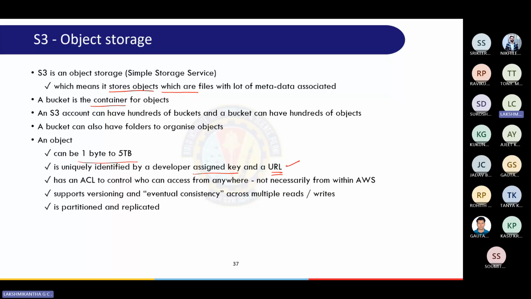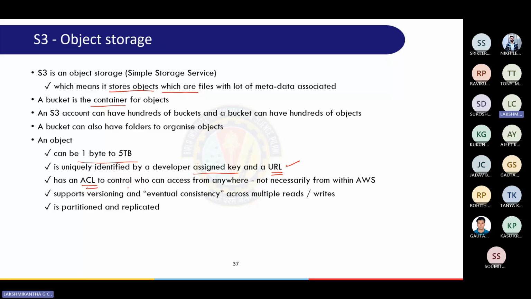And guys, when I'm talking about security and access, each object has an ACL. Okay, so ACL is nothing but what, guys? Access Control List. So this is to control who can access it from anywhere. Even outside of the AWS ecosystem also we can access it, guys.